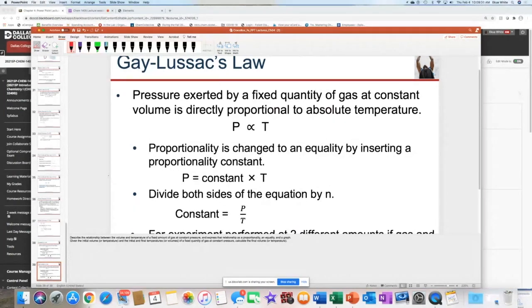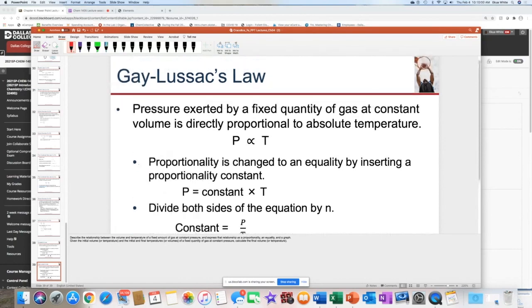Okay, so I'm going to start with Charles' law, and Charles' law talks about volume related to temperature. Boyle's law talks about volume related to pressure. Oh, sorry, I'll come back to this page real quick.